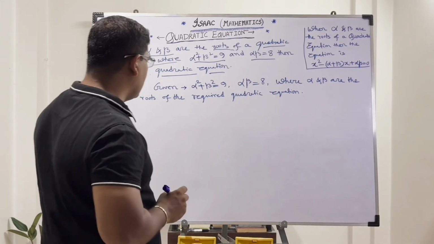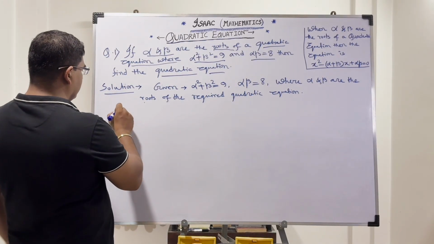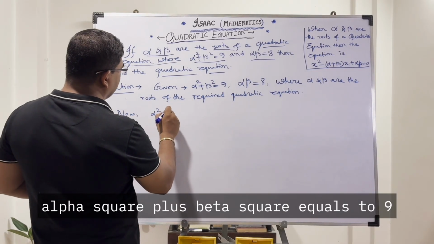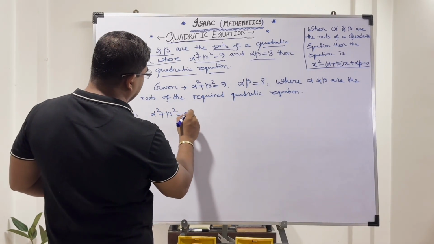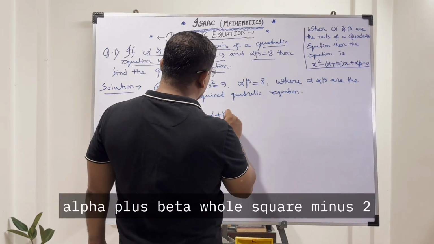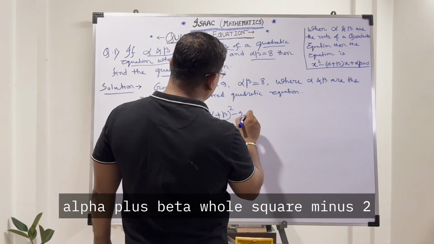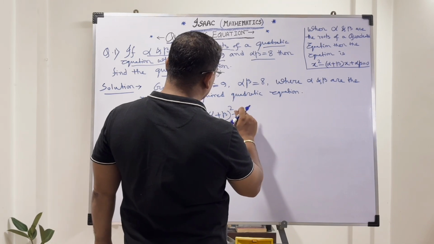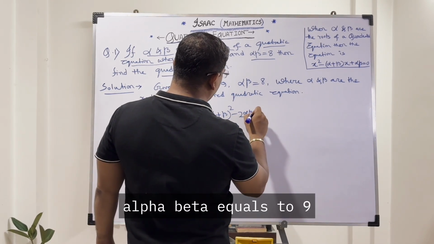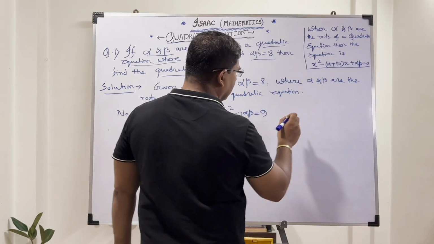Now alpha square plus beta square equals 9 implies alpha plus beta whole square minus 2 alpha beta equals 9.